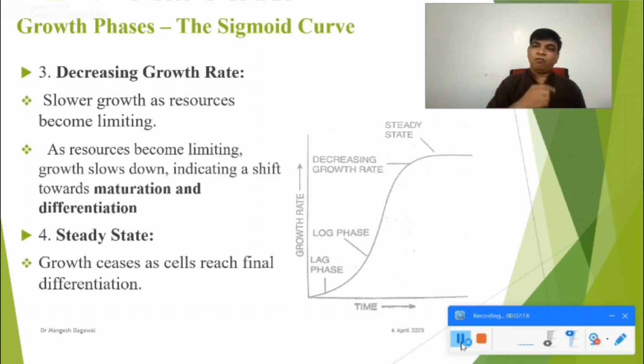But this occurs over a time, means this growth in the plant occurs over a time. So this is the most important thing in the plant growth.